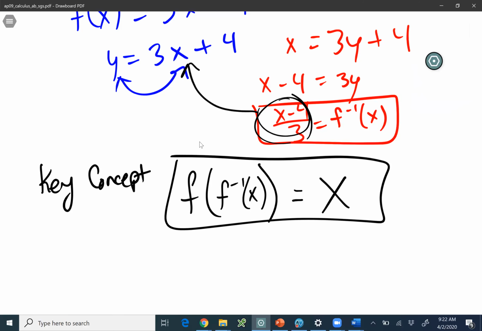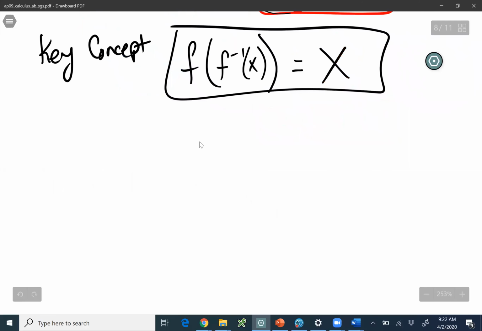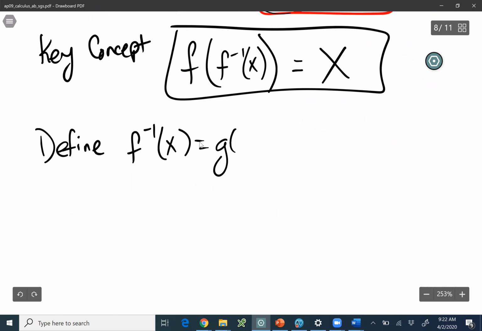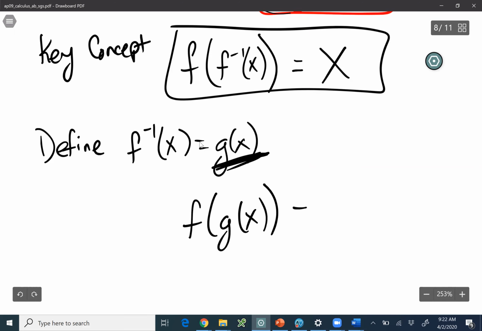So what I'm going to do is define f inverse of x, f negative 1 of x, equal to g of x for right now, just to make it a little bit easier. If g of x is our inverse, that means f of g of x would be x.